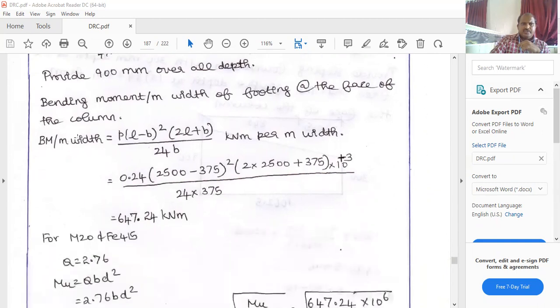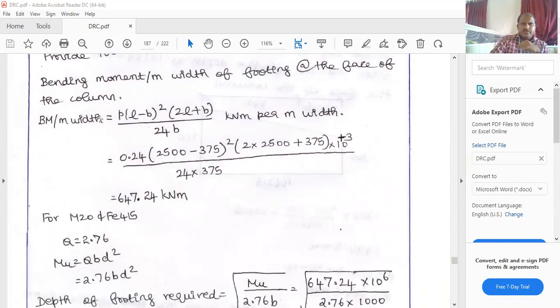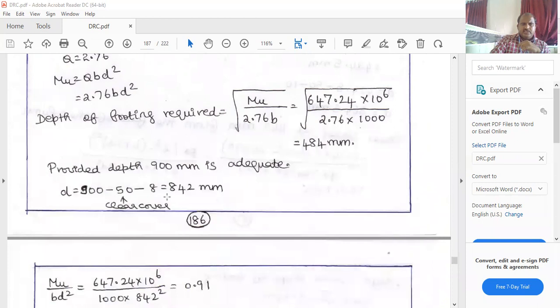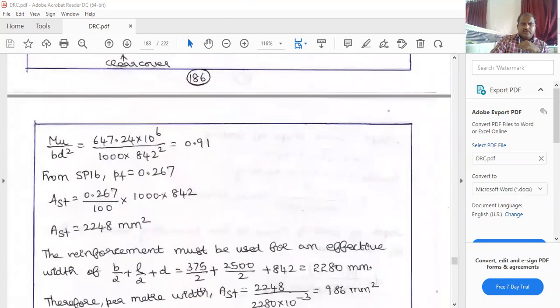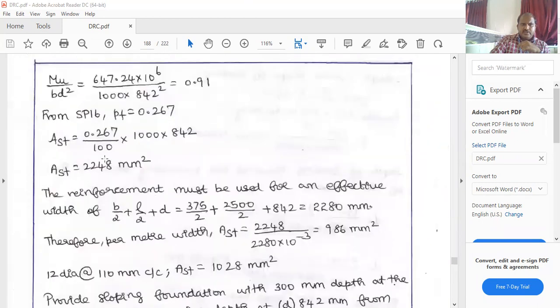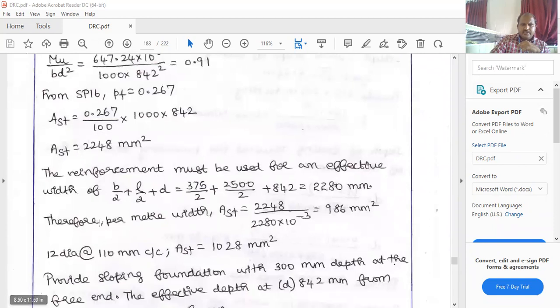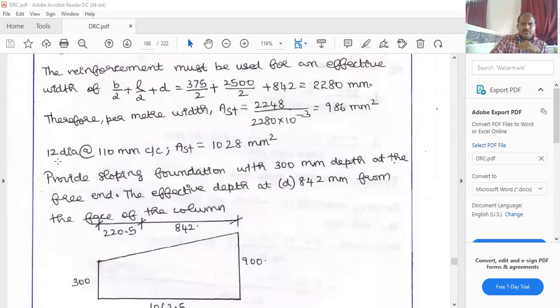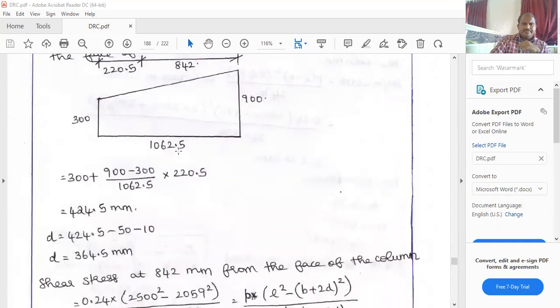So next one is bending moment per meter width, that is equal to 647.24 kilonewton meter. Next, the clear cover, and we have to find out the Ast value, and finally provide 12 mm dia at 110 mm center to center spacing.